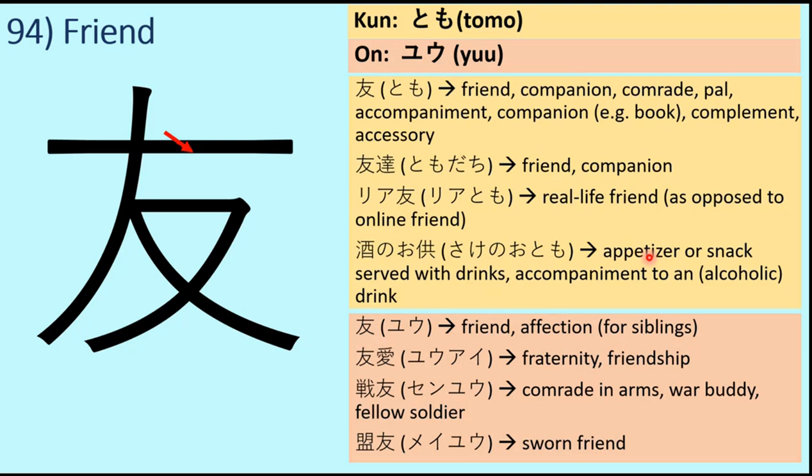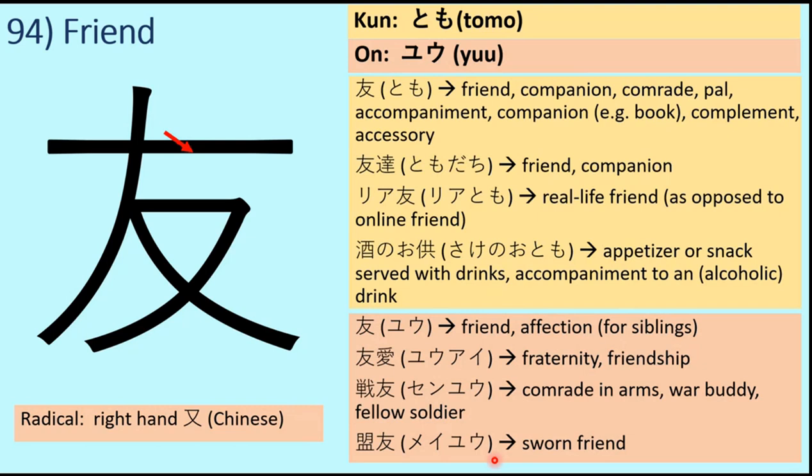They are friends, but basically military friends. Those are called Senyu. And then we have Meiyu, which is a sworn friend. There is a swearing kind of agreement between the two. They have promised their friendship among themselves.